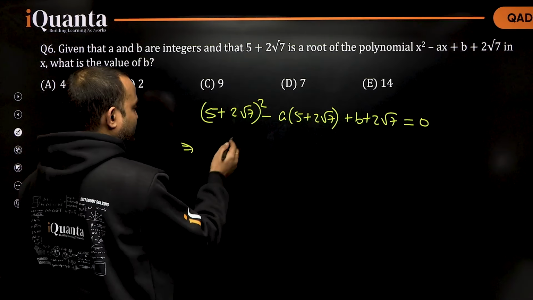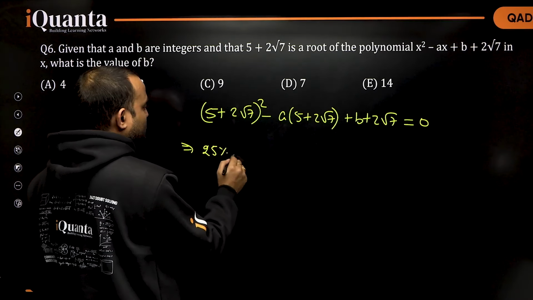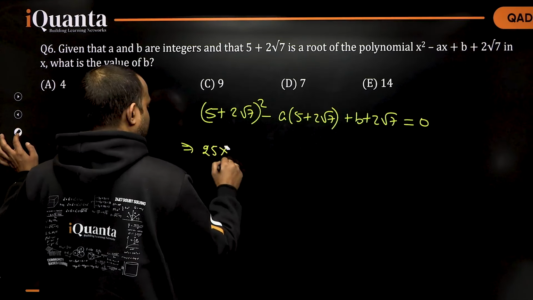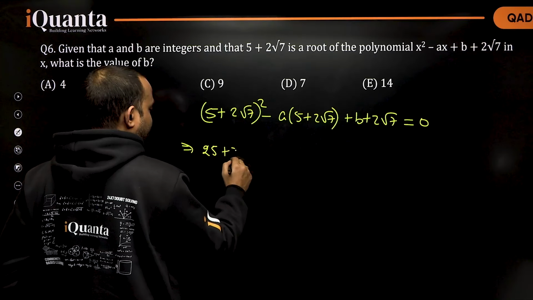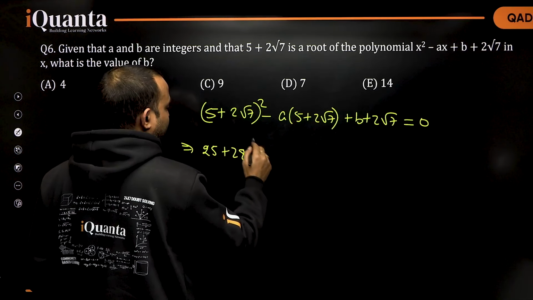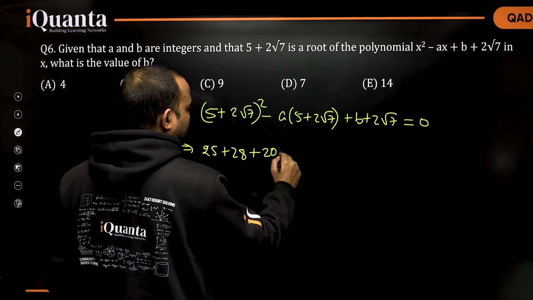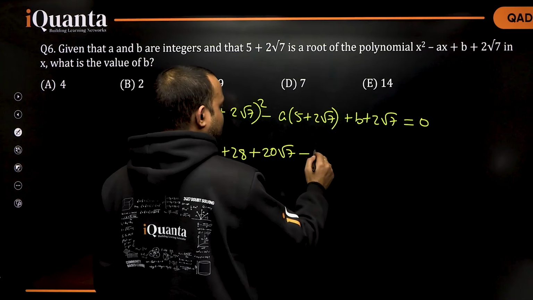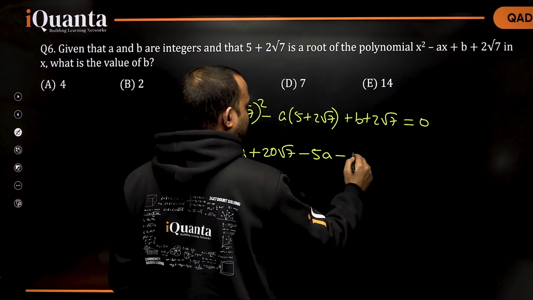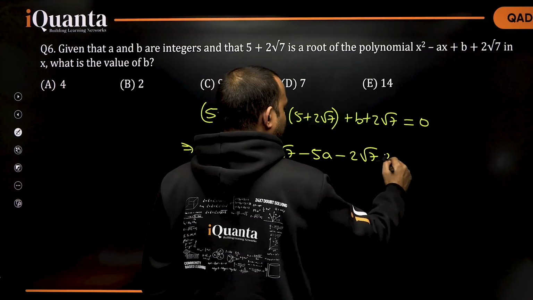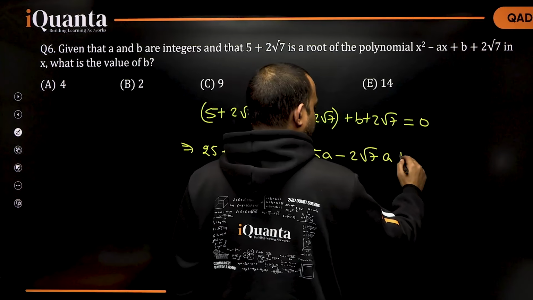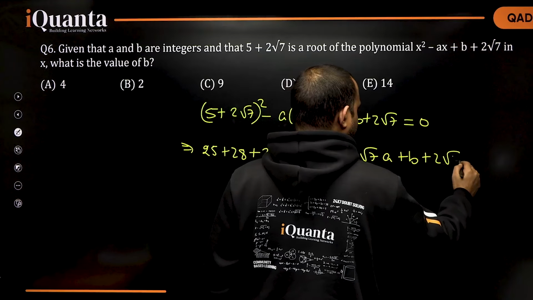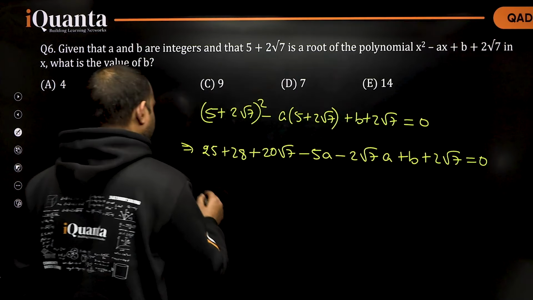So 25 plus 2 root 7 square, 7 into 4, that is 28, plus 5 into 2, 10 into 2, 20 root 7 minus 5a minus 2 root 7a plus b plus 2 root 7 is equal to 0.